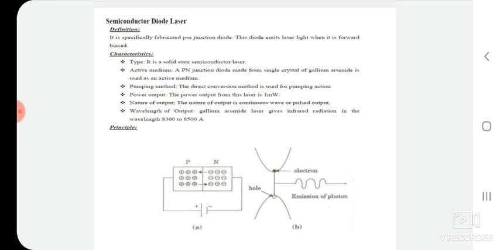A PN junction diode made from a single crystal of gallium arsenide; gallium arsenide is used as an active medium. Third one is the pumping method. The direct conversion method is used for pumping action.